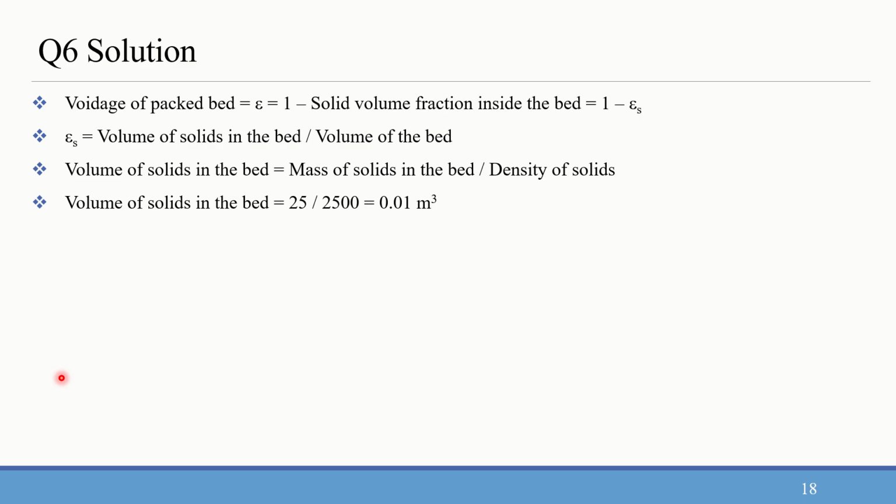So what is volume of the cylinder? You can say it is pi r square L. So pi r square L is the volume of the cylinder. Now since we are taking the diameter, we are using pi by 4 d square L. So on substituting, we know the diameter of the column and we know the length of the column. So substituting that will give us the volume of the bed. So pi by 4 d square h.